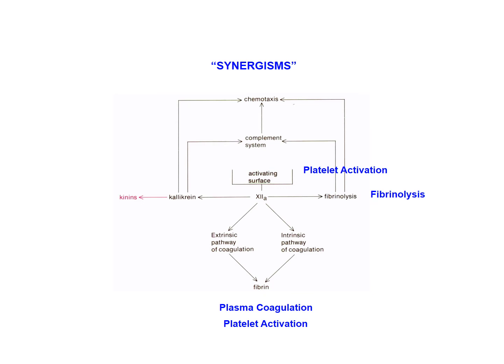We have the activation of the kallikrein system. The kallikrein system and fibrinolysis on the other side activate the complement system. The complement system, protein activation, activates white blood cells through the process of chemotaxis.